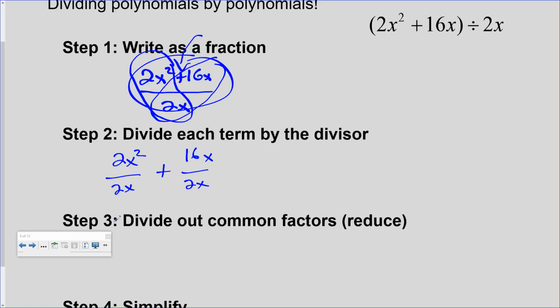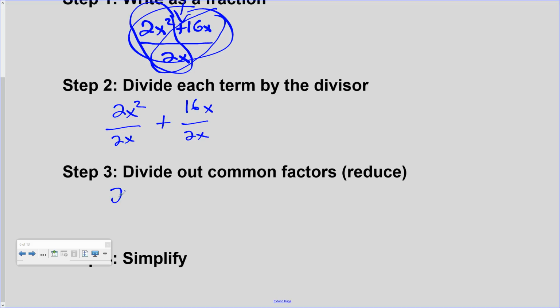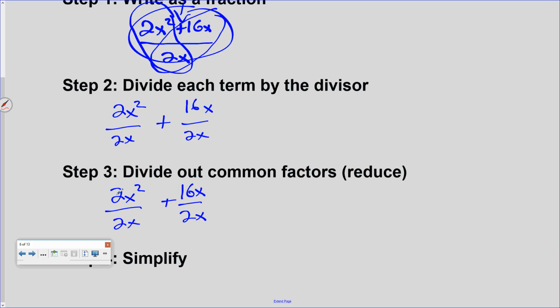Okay, so we're going to divide out our common factors. So let me rewrite this here, and then I'm going to change colors so you can see what I'm talking about. We want to look for those factors that are the same in the numerator and the denominator. So I see 2 over 2. We don't need that.